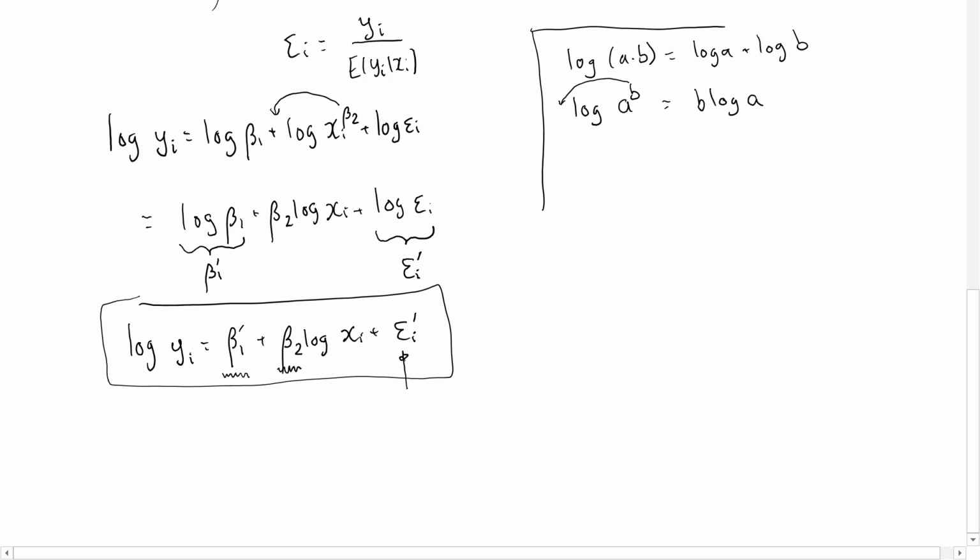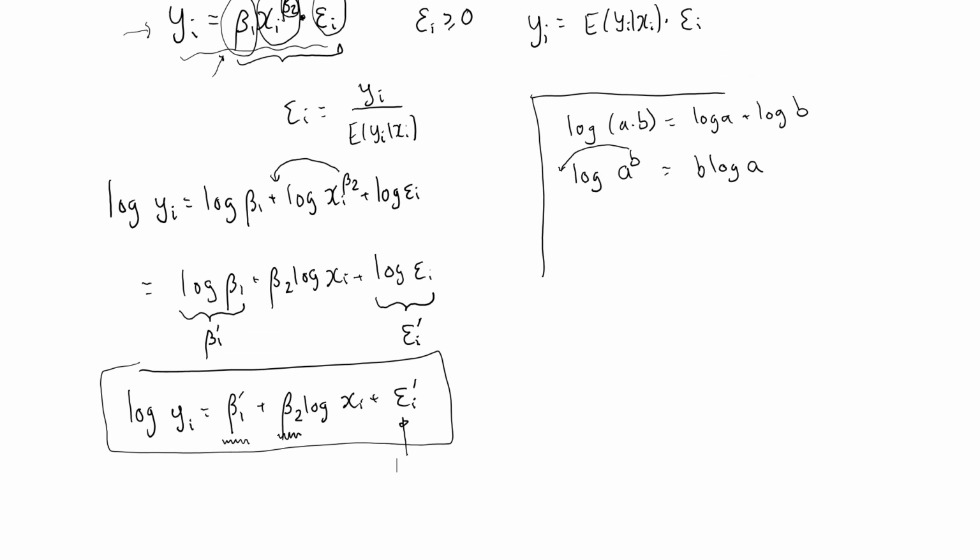That kind of makes sense if you think about it, since the original error terms were defined as this ratio, then the original error terms ought to have an expected value of about 1. Yi is on average the same as the expected value of yi, so this ratio is on average 1, and the log of 1 is 0, so epsilon I prime will be on average 0. The same goes for the homoscedasticity assumption. It must be made in terms of the epsilon I prime. Those are the ones that need to be homoscedastic.